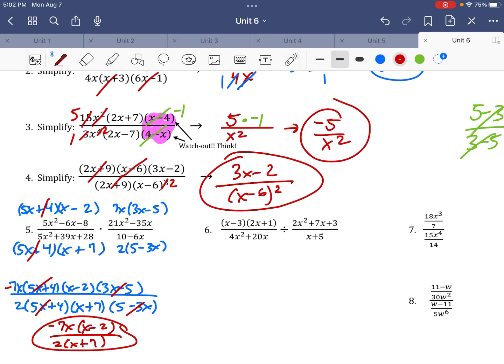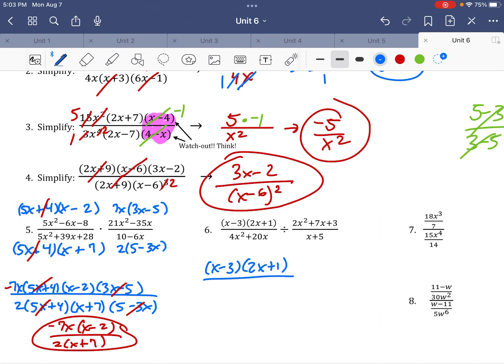All right. Here in this next problem, I see division. So division means that I'm going to multiply by the reciprocal, right? So this x minus 3 on top here, it's already factored.